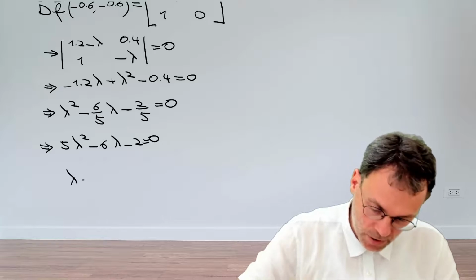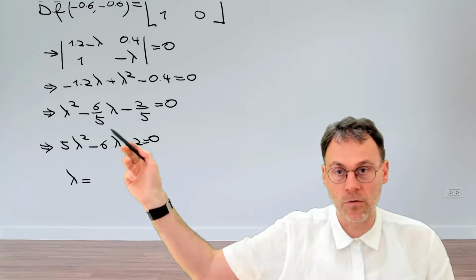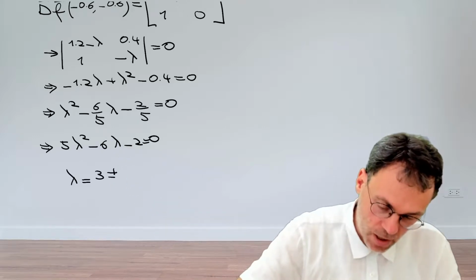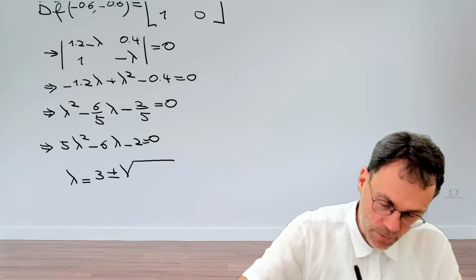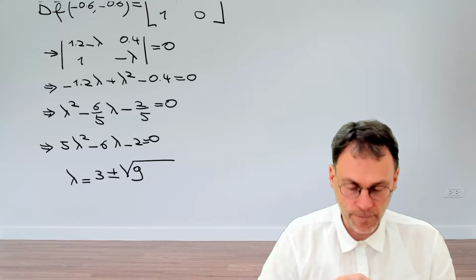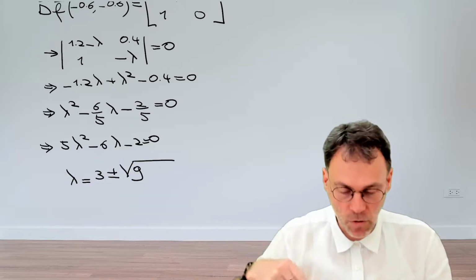It's no big deal to calculate the eigenvalues. So again, we have an even factor b here, so we can use the reduced formulas, so using half of the coefficient of lambda, plus or minus, and then the square root of the square of this, 3, minus the product of the first and the last coefficient.